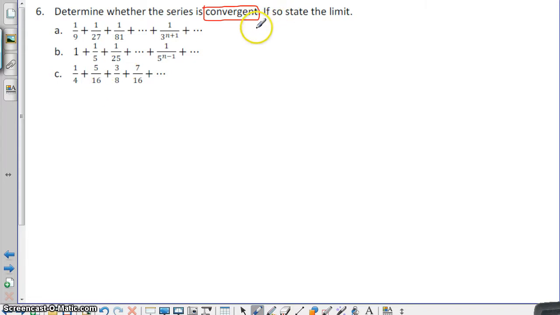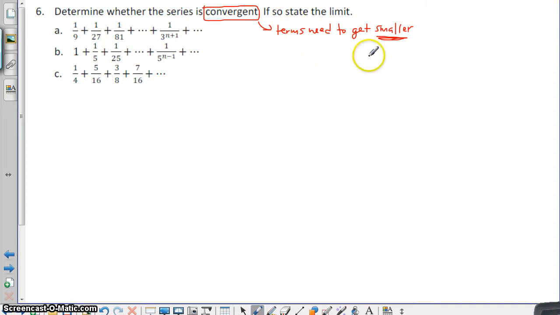The one thing you definitely need to know about convergence is the terms need to get smaller. That's one of the key things.